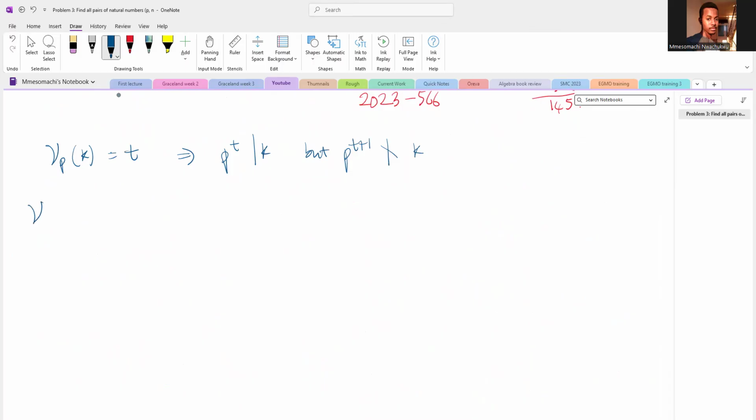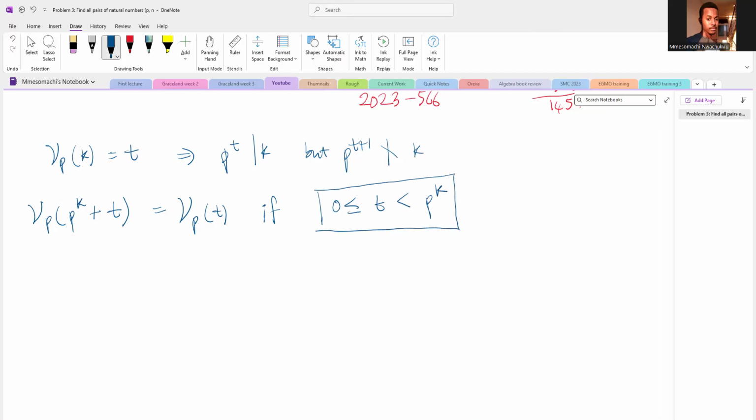Then we spoke about the PID value of P in A plus B. Let's say P to the power of K plus some T is equal to the PID value of P in T, if 0 is less than or equal to T less than P to the power of K. This was the property I used.